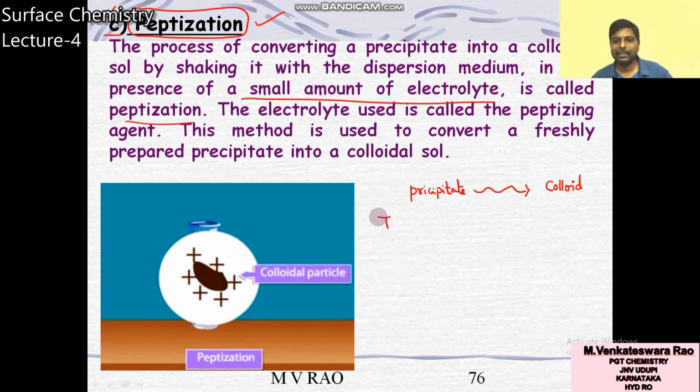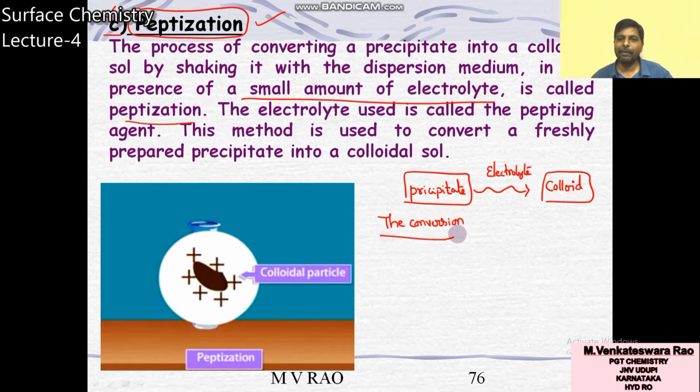The conversion of a precipitate into a colloid by adding, not simply a precipitate won't give colloid, by adding some suitable electrolyte, by the addition of electrolyte.